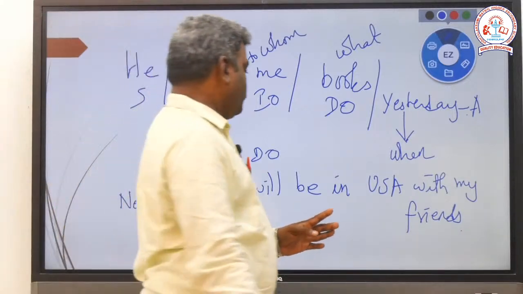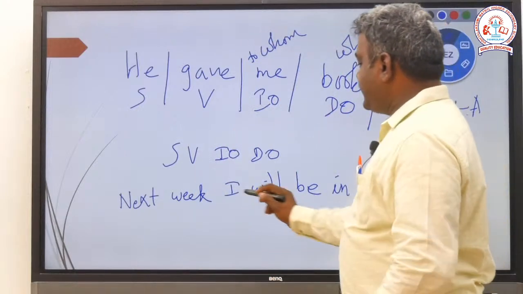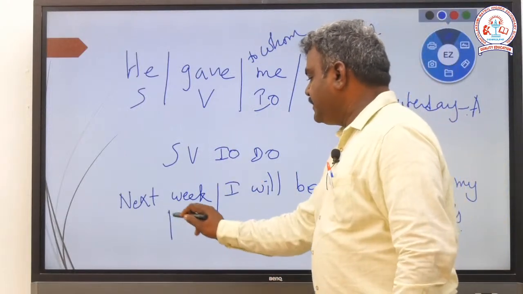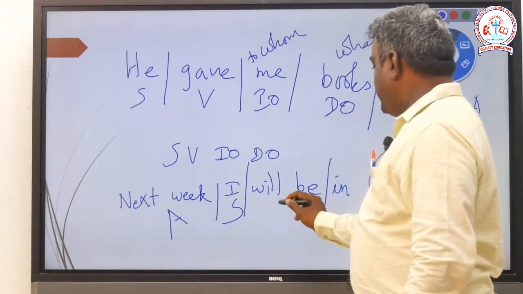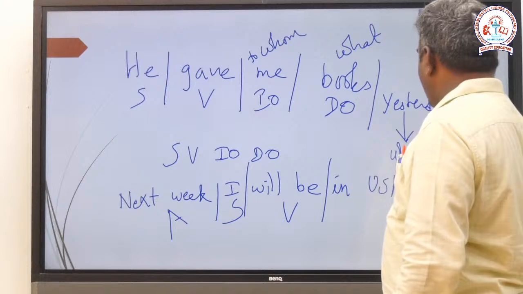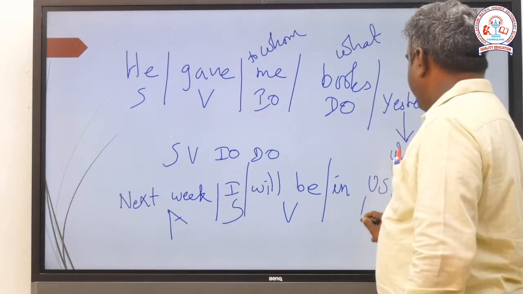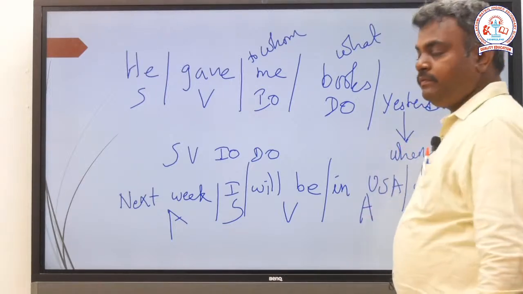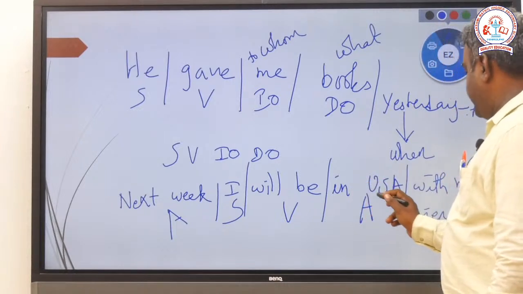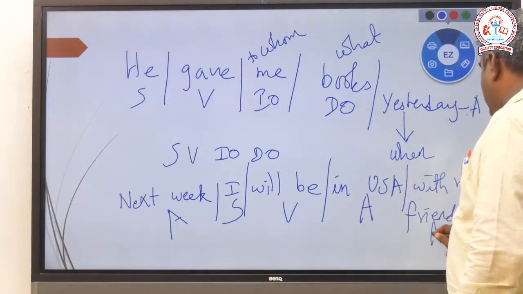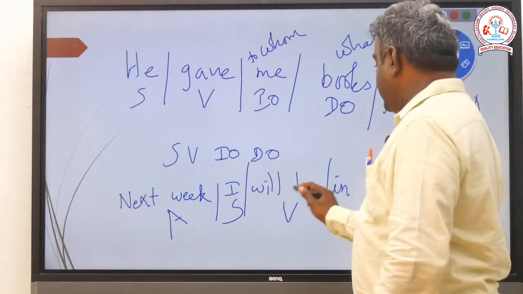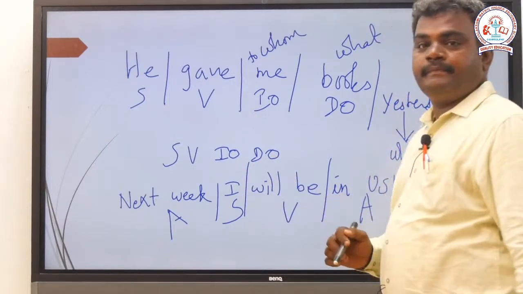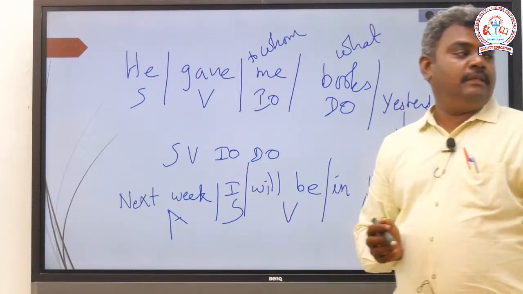Sir, what is this, sir? What is that here, next week? It indicates time. This is an adjunct. I, subject, will be, verb. In USA, adjunct, because it shows the place. With my friends, that's also an adjunct. So A, S, V, A. In a very simple way.